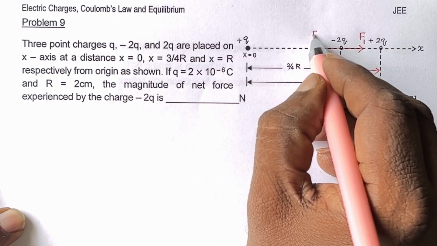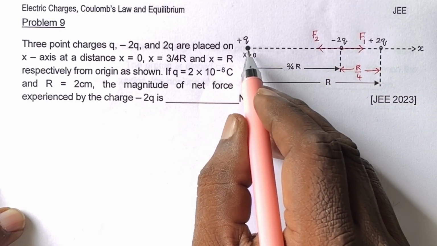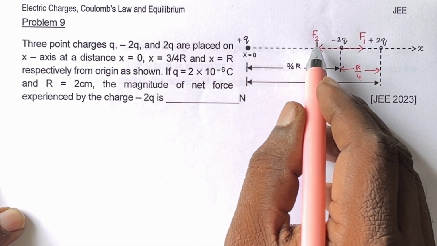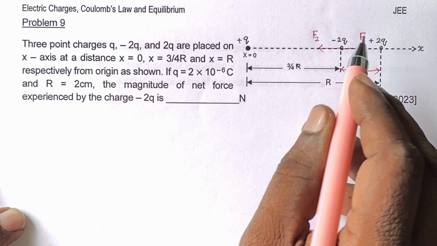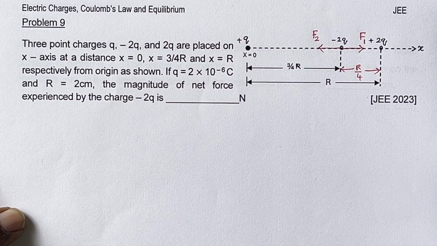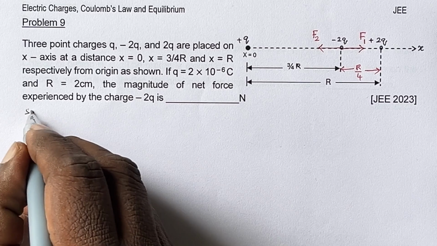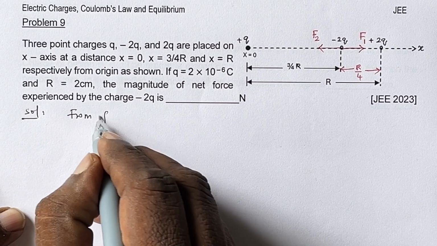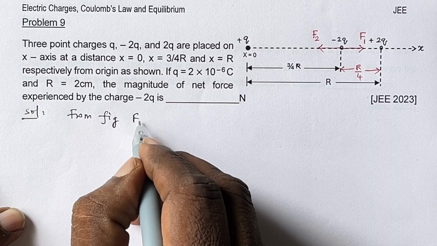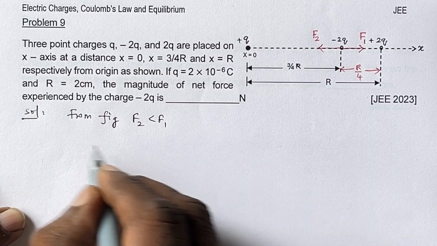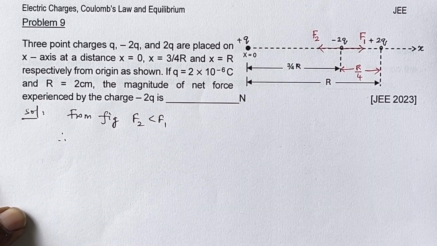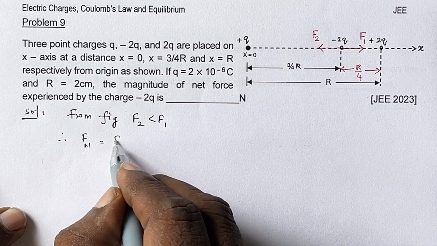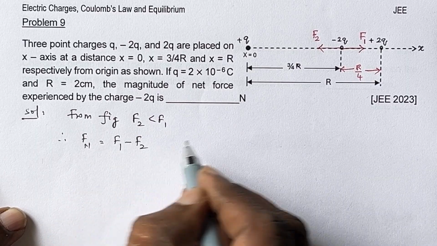This is F2. Obviously this plus q is very far away from this one, so F2 is weaker than F1. From the figure, F2 is less than F1. Therefore net force is equal to F1 minus F2.